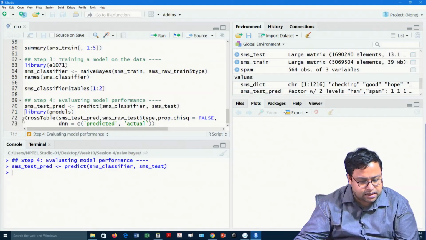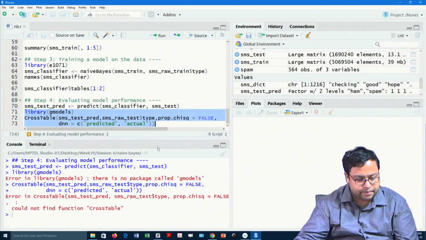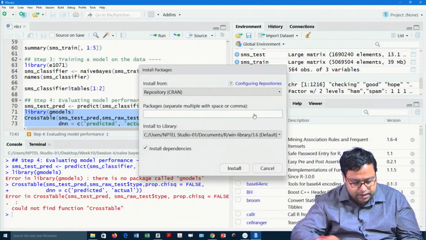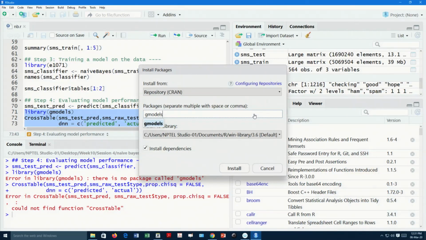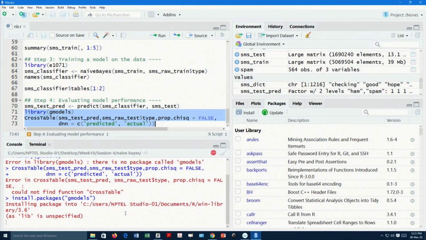Yes, the predictions have been done, and now if I plot them. Okay, the gmodels package is not there. I will quickly install the package.